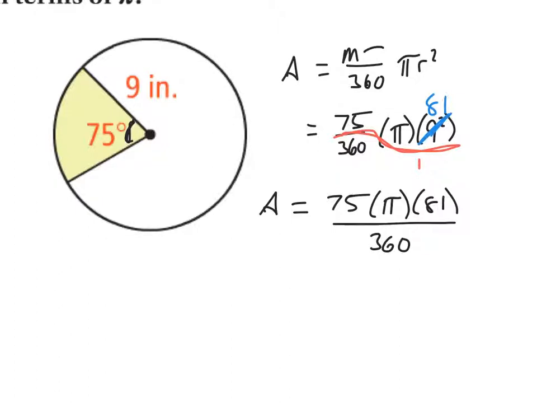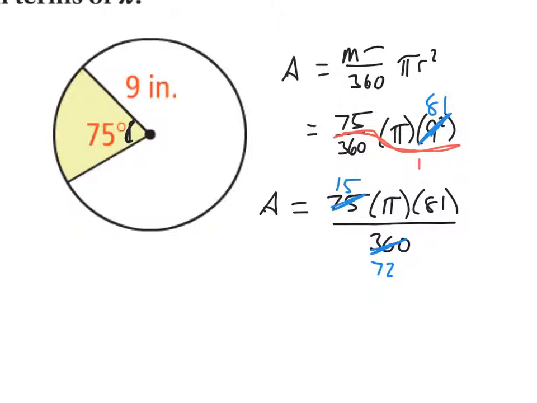But we just got to remember, we're taking a number from the top and canceling it with the number from the bottom. And so if I choose to take a 5 out, 5 goes into 75 15 times, canceling a 5. And then 5 goes into 360 72 times, canceling a 5 from top and bottom.